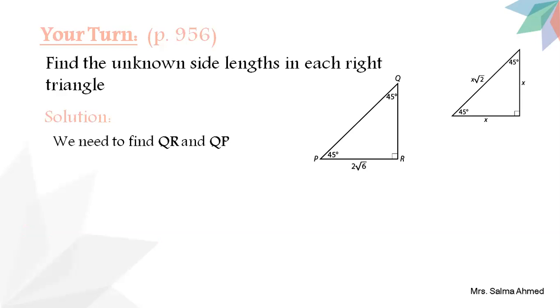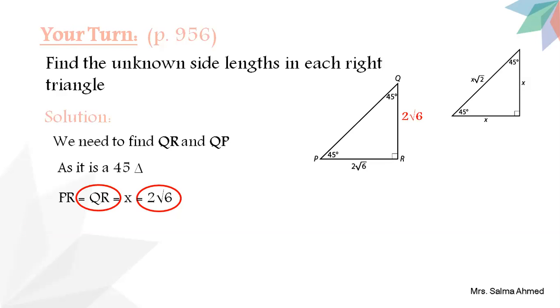Here the triangle's legs are x and x, so the hypotenuse should be x root 2. As it is a 45-degree triangle, PR equals QR equals x equals 2 root 6. So QR is the same leg that he is giving me, PR, so it will be 2 root 6.